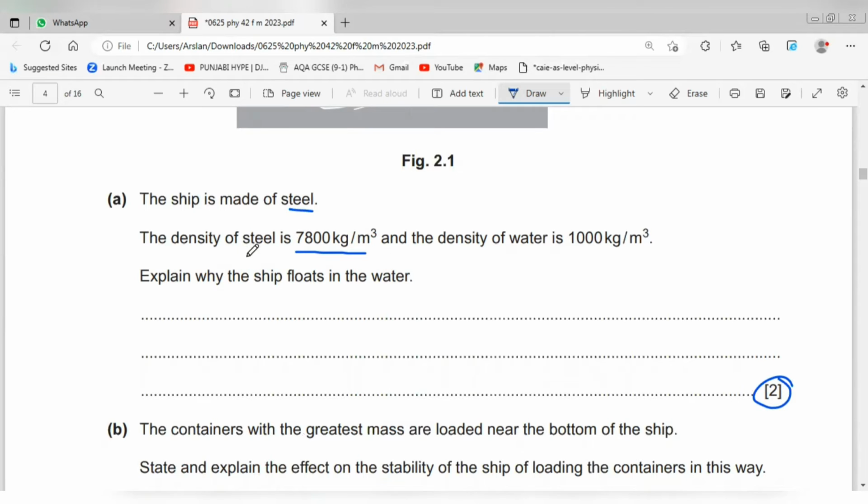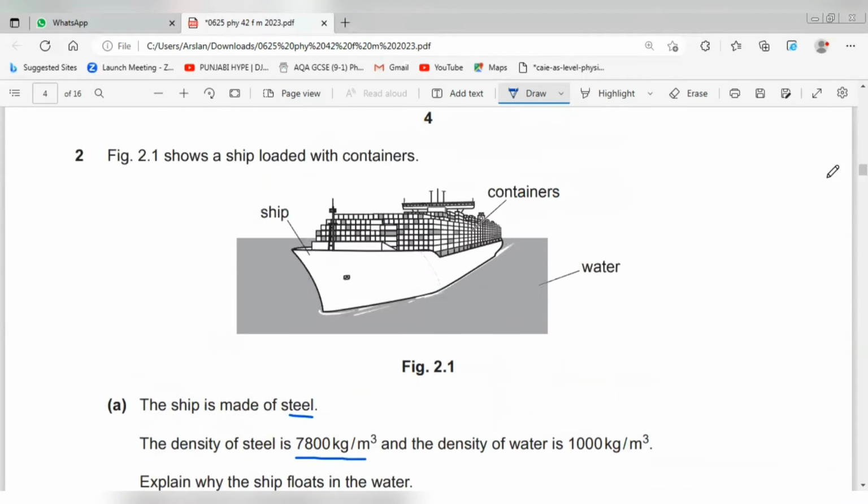So first of all, there are two forces. If we talk about the resultant force, there are two forces. Its weight, which is acting downward, and the upthrust force of the fluid, which is acting upward.